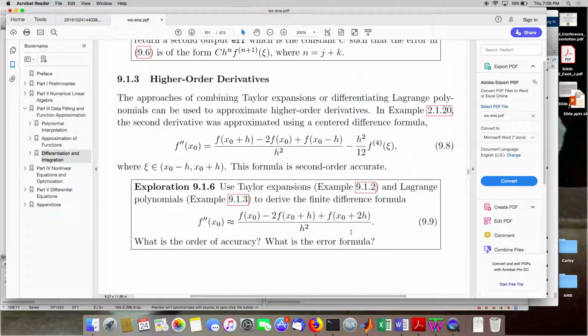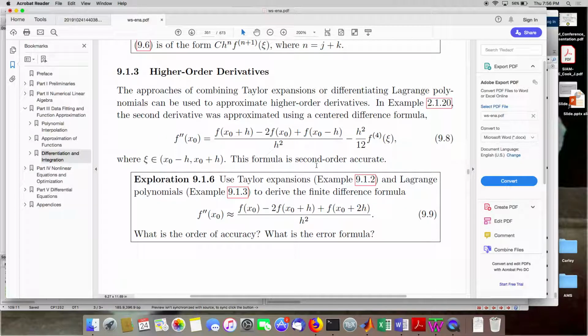The approach doesn't really change. If you're using Lagrange polynomials, instead of taking the first derivative of the Lagrange polynomial and plugging in x naught, you take whatever derivative you want. If I'm trying to get the second derivative, I would take L double prime and plug in x naught, or 0.